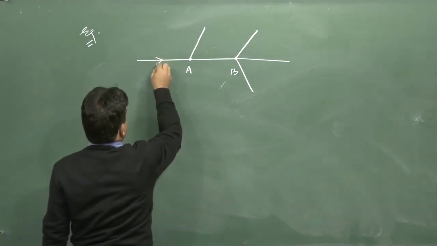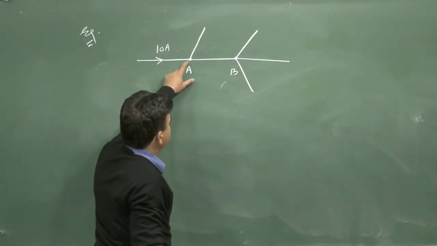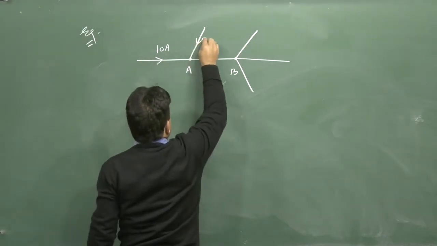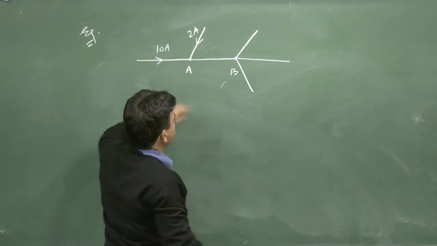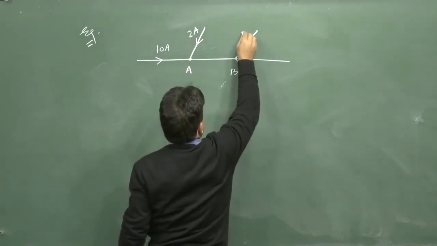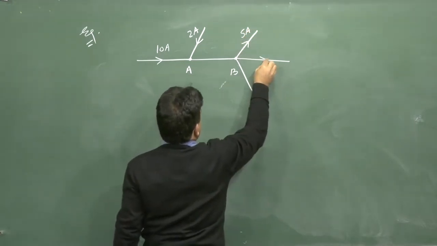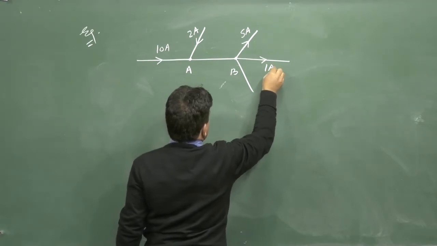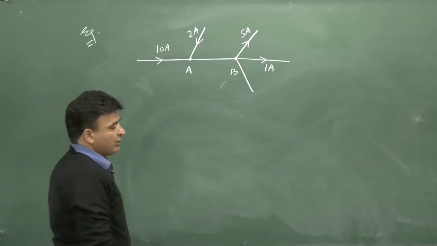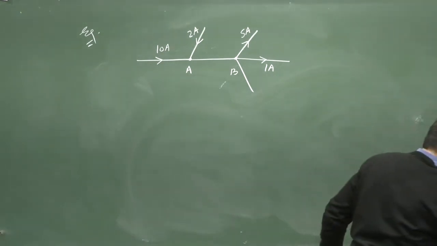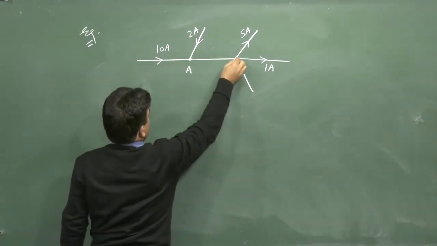Let us suppose that here 10 ampere of current is coming towards the junction A. From this, 2 ampere of current is coming towards the junction A. Here 5 ampere is leaving the junction B, and 1 ampere is also leaving the junction B, as shown. Now, what we are going to do here is find the current in the branch AB.